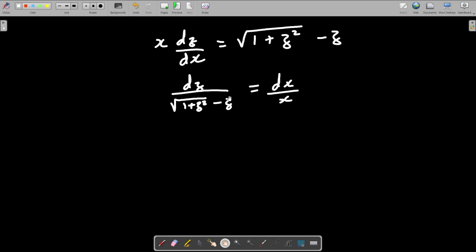So how will we deal with this situation now? Do you know any particular integration that should work here? There are no formulas if the entire denominator was under a square root, but that's not the case here. Only half of it is under the square root and half is outside. So what can we do? What's the technique to deal with square roots?